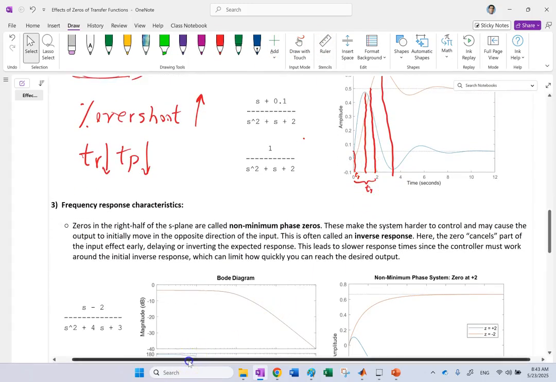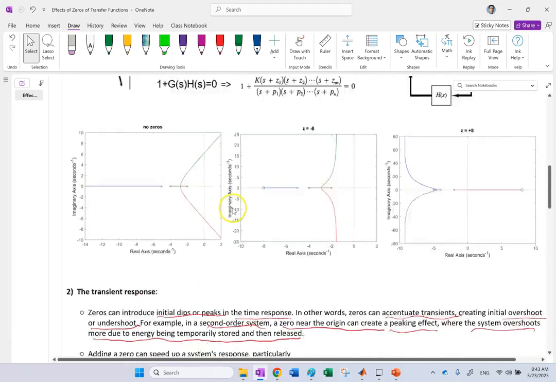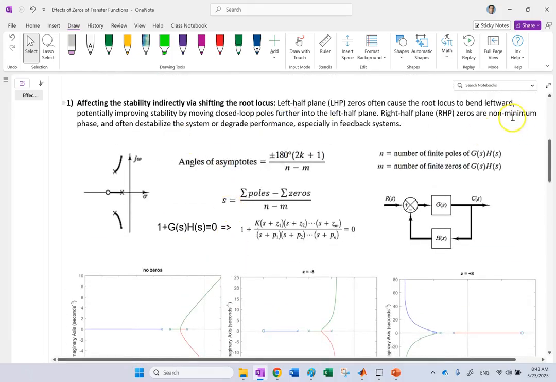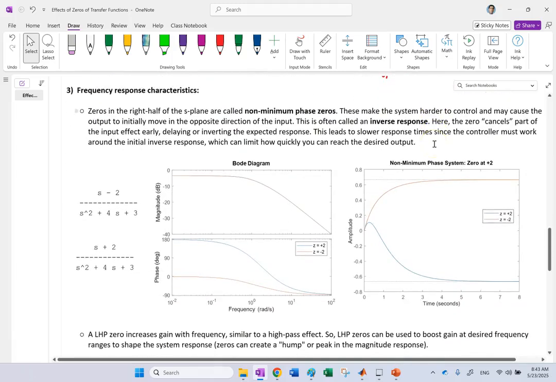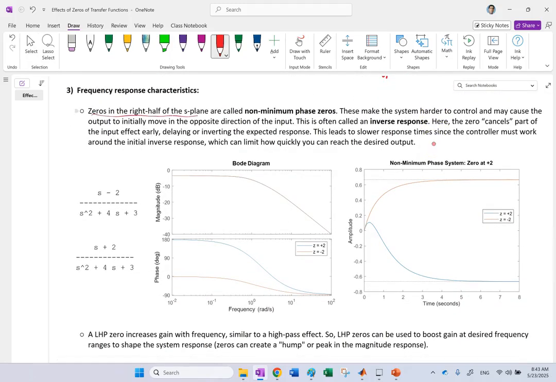What about in the frequency domain? We barely mentioned non-minimum phase zeros, so let's talk a little bit about them. If the zeros are on the right half plane, we call them non-minimum phase zeros. Although they don't directly make the system unstable, indirectly they do, and they also cause some effects on the transient response. One of them is called inverse response. What is this?